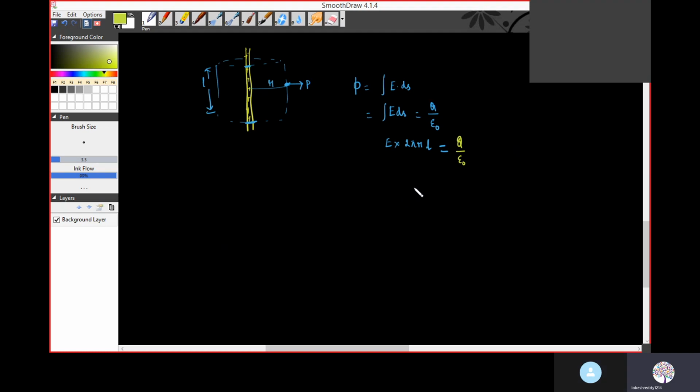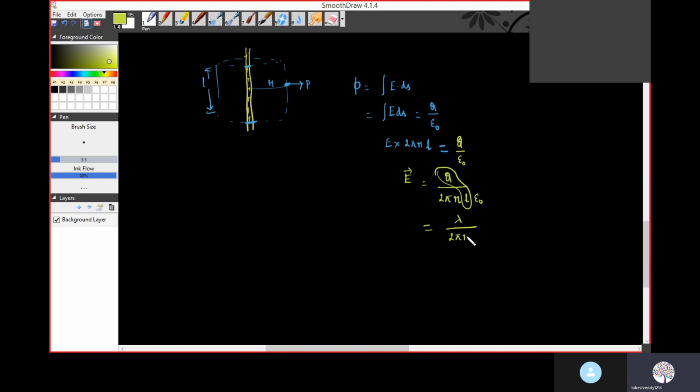So E is equal to q by 2 pi r L epsilon naught. But this charge per unit length is called lambda. So E is equal to lambda by 2 pi r epsilon naught.